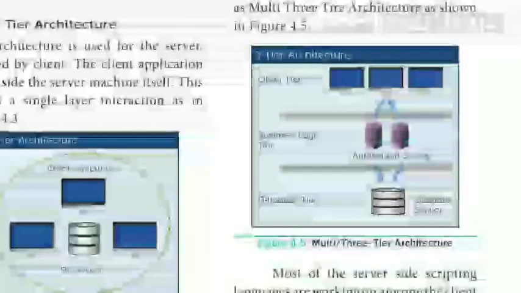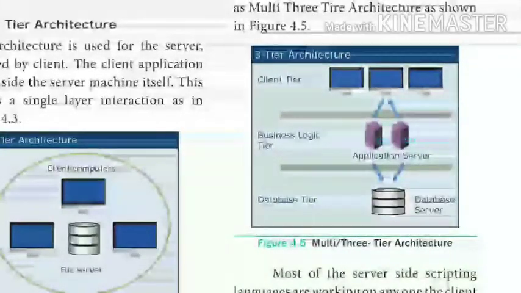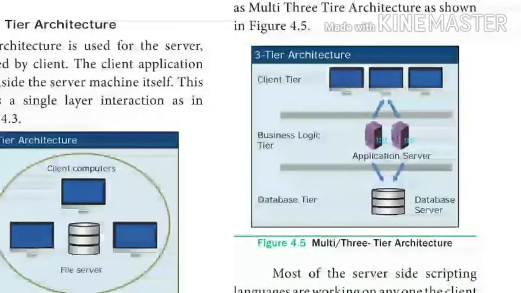The client will access an application server, and that application server will access a database server. Here three main activities are done, and in all three hardwares, applications are installed.